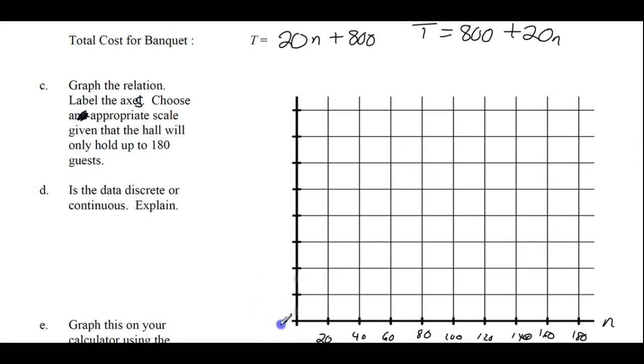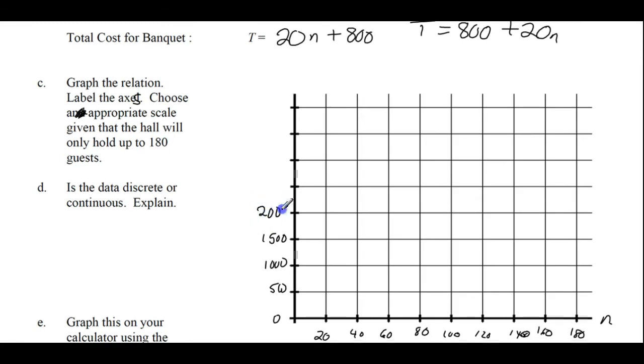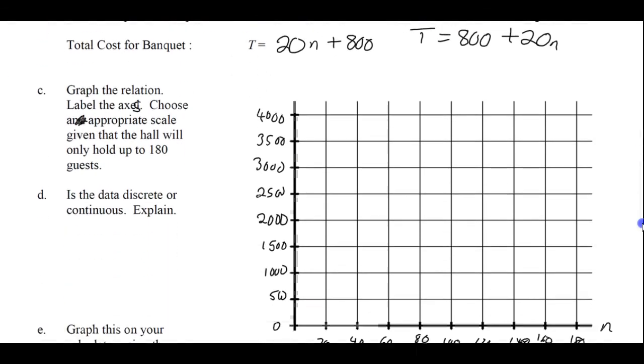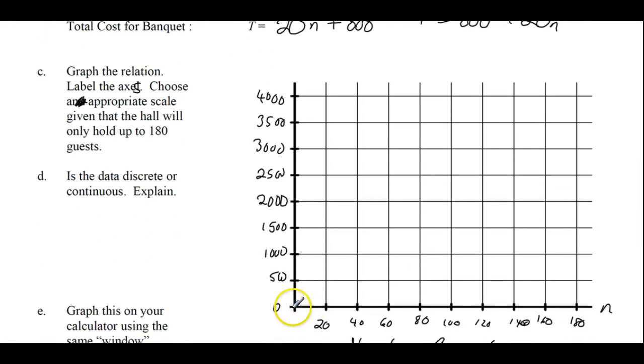Let's go by 500s. So we'll call that 0, 500, 1,000, 1,500, 2,000, 2,500, 3,000, 3,500, 4,000. We have a table up here we can use.